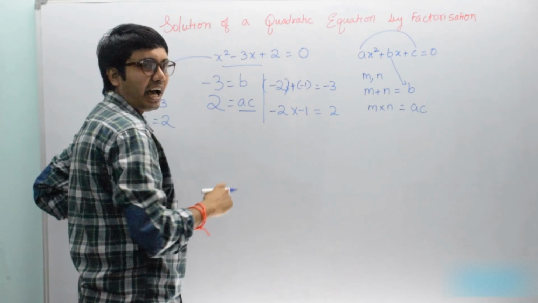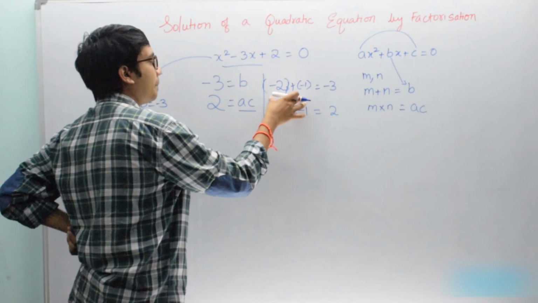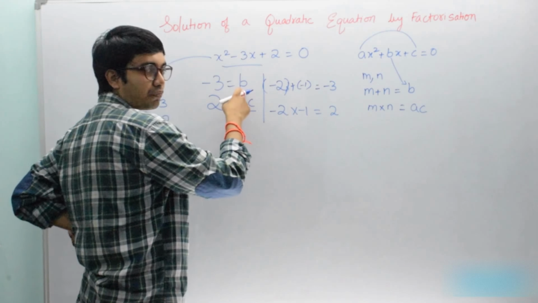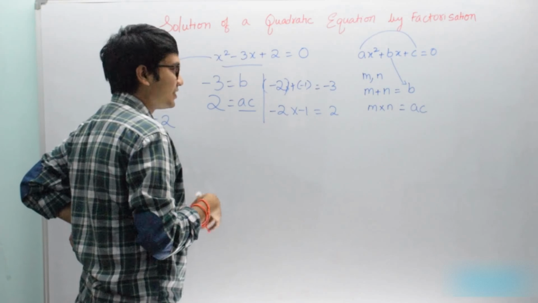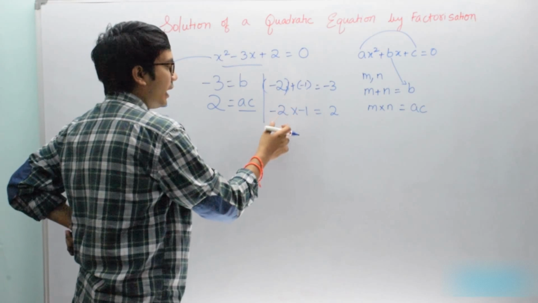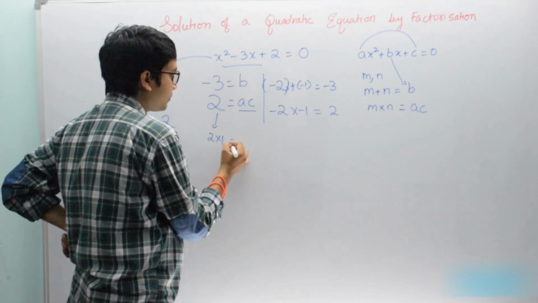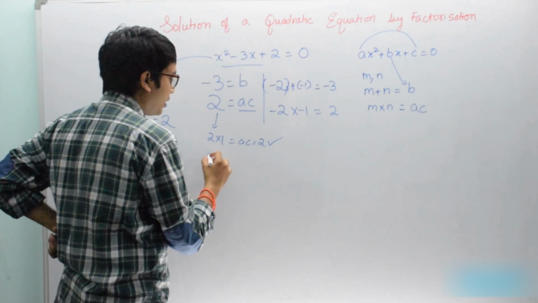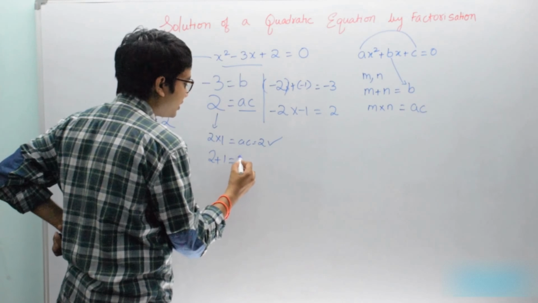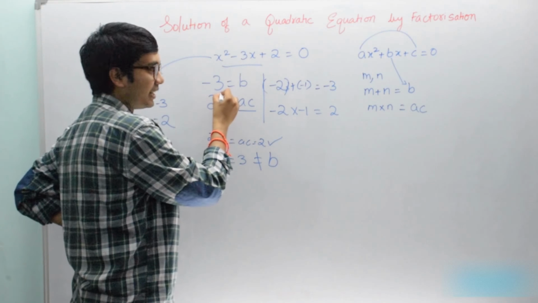So finally I can say that we should find two numbers such that the sum of the numbers should be equal to the coefficient of x and the product of the numbers should be equal to the product of a and c. So you might be doubting that I can write this 2 as 2 into 1. Fine, it is satisfying this. But what is 2 plus 1? Which is 3, which is not equal to b. We should get minus 3 here.